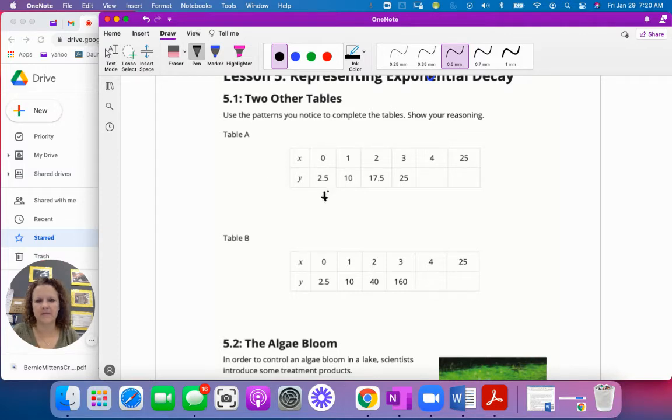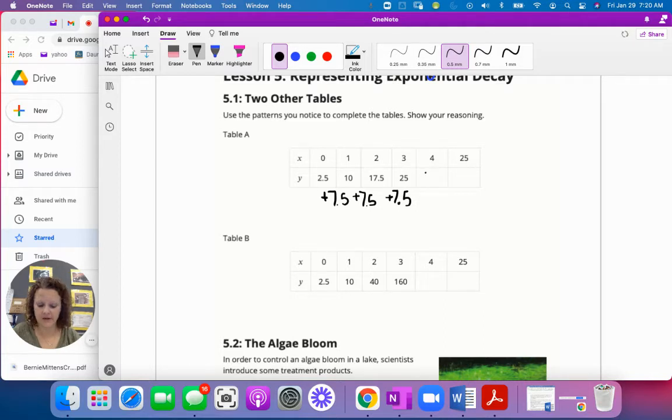Plus 7.5, plus 7.5, just checking the math, 17.5 plus 7.5 is 25. So I'm growing by a constant addition, okay?